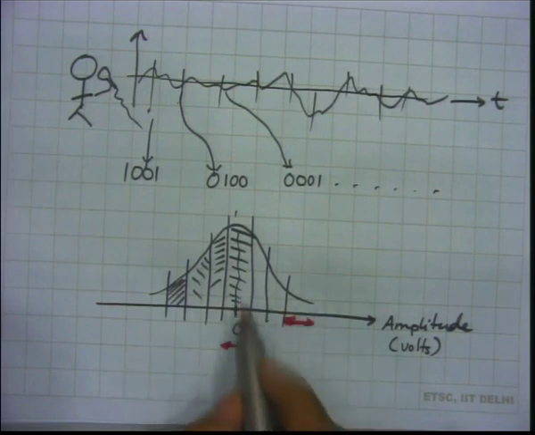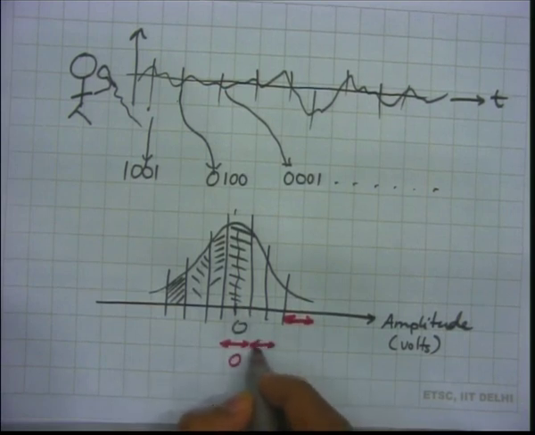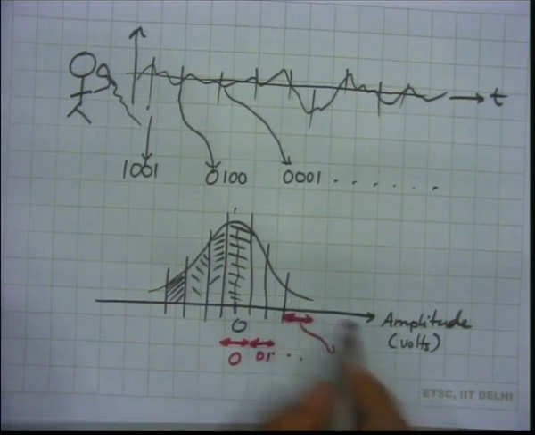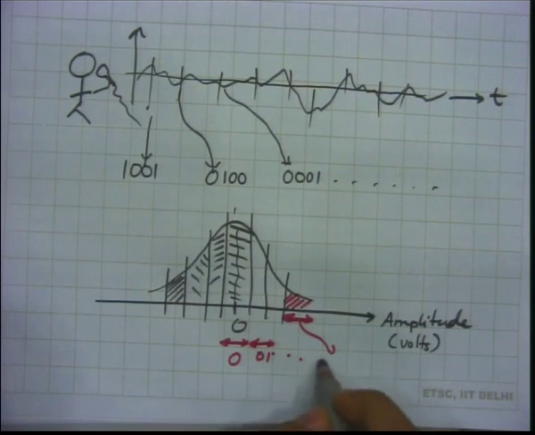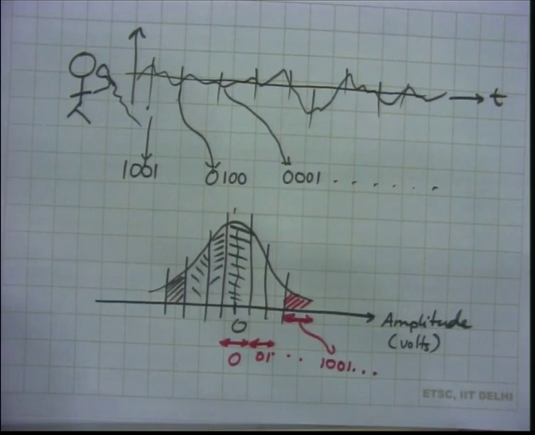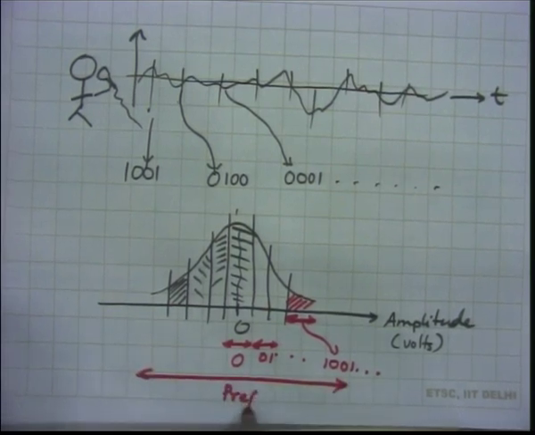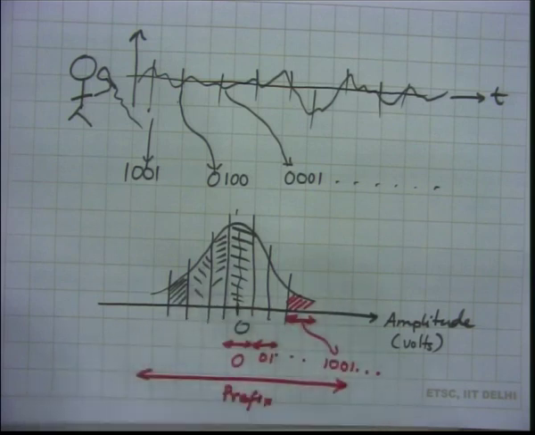So, we should use fewer number of bits to represent low amplitude signals, and the rarely occurring values should probably be represented by more number of bits. In fact, I can do a prefix code for different amplitude levels and thereby get compression.